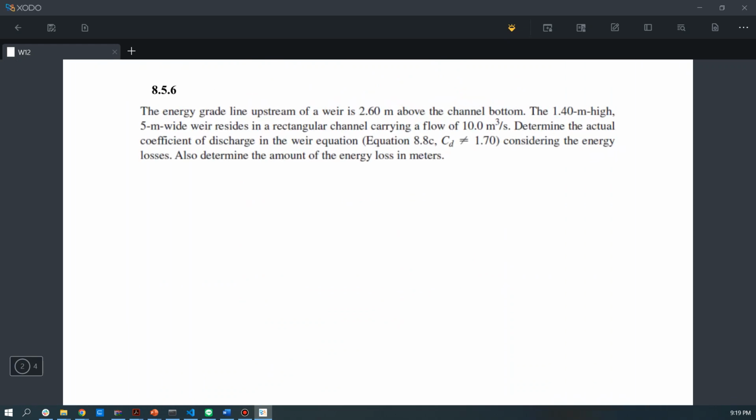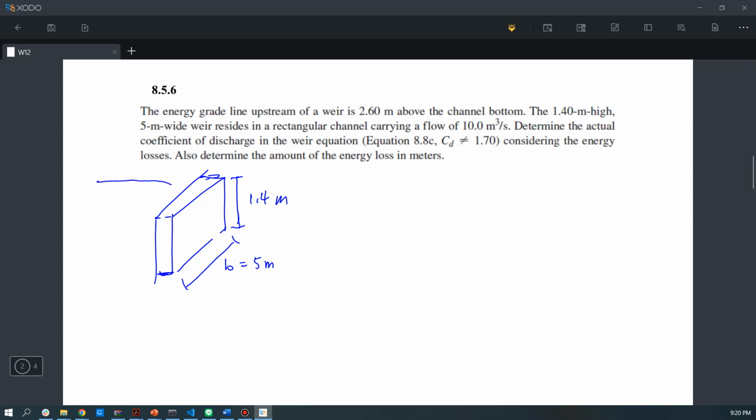Okay, now let's check the next problem, 8.5.6. So here we have a weir located in the channel that has a height equal to 1.4 meters and a width equal to 5 meters.